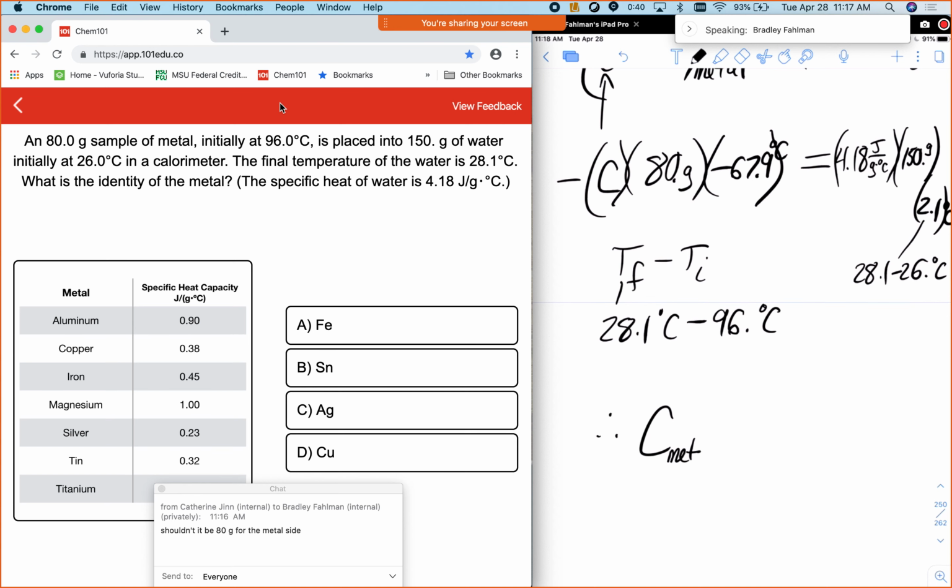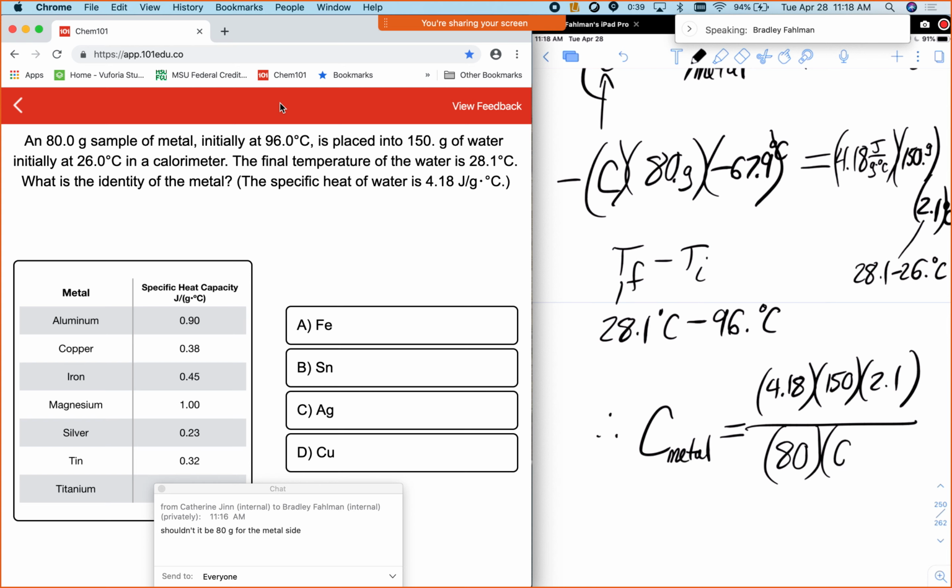C for the metal is equal to 4.18 times 150 times 2.1 divided by 80 times 67.9.